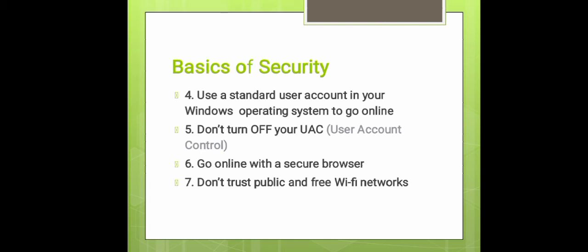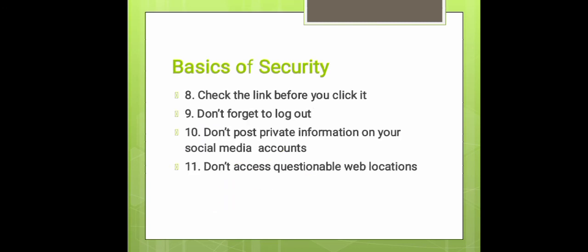Now my eighth point is check the link before you click it. Phishing threats are usually done by using email messages that apparently come from financial institutes or well-known banking websites. They attempt to retrieve private information from users. The link in the message directs the victim to a fake web location controlled by the online criminals.